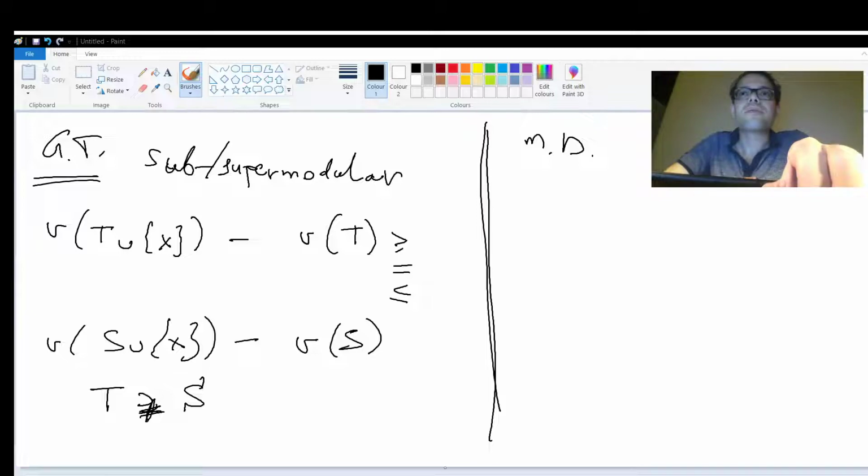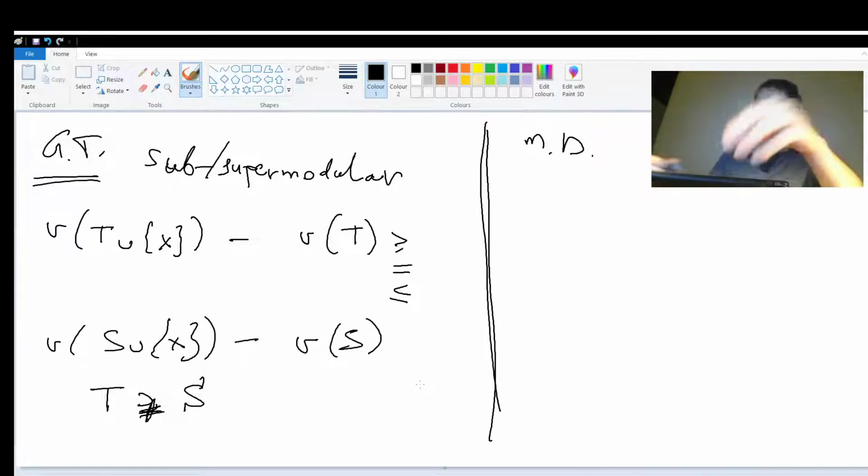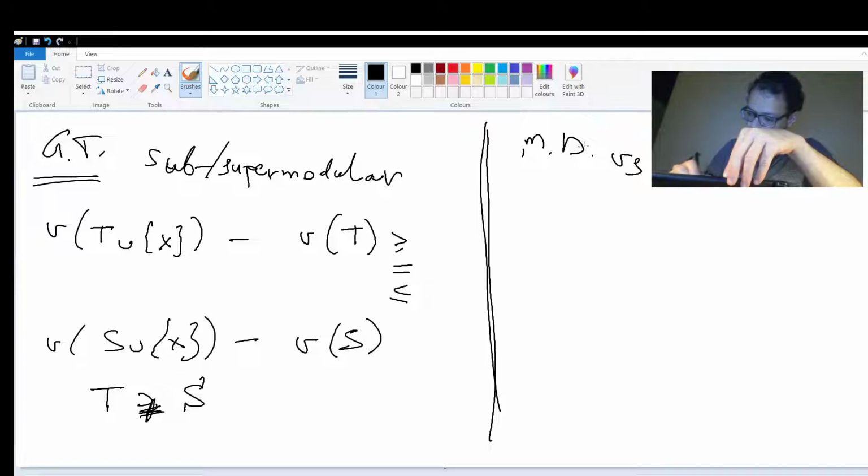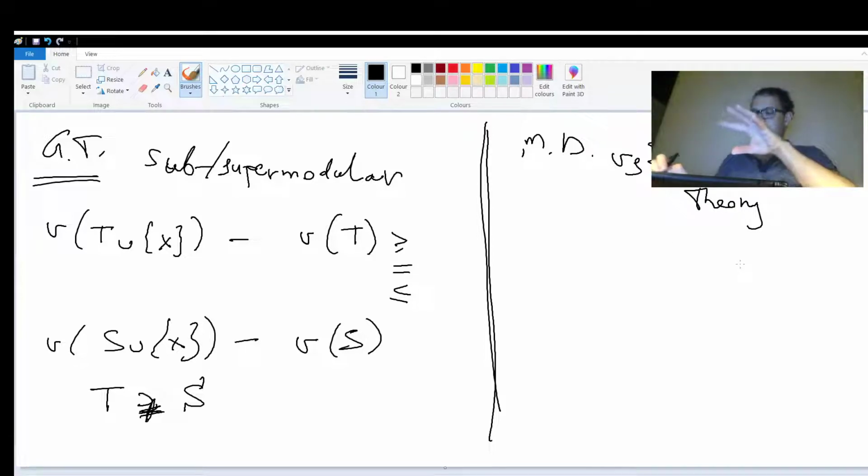Okay. Now let us talk about mechanism design. So first of all, what is the difference between mechanism design versus implementation theory? These are, by the way, topics we are not going to deal with in this course. I'm just giving you some flavor.